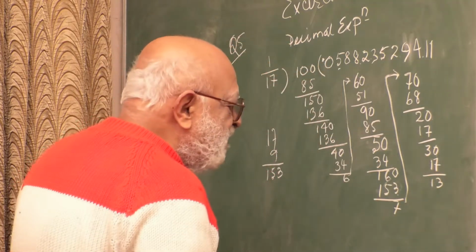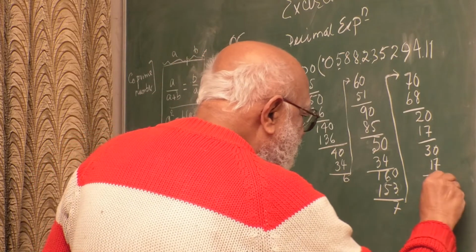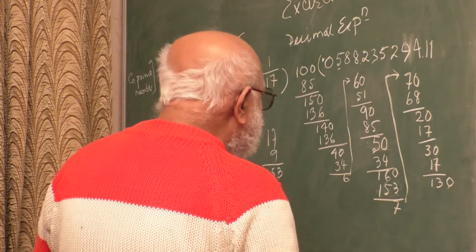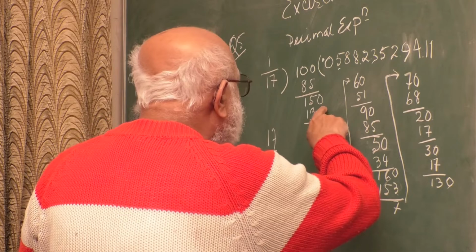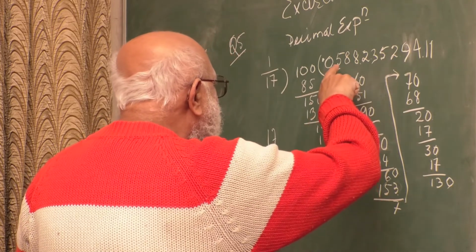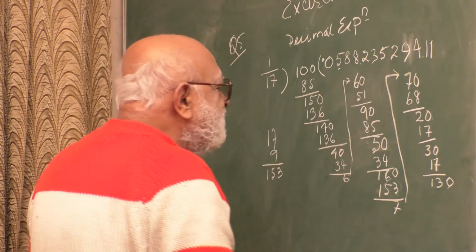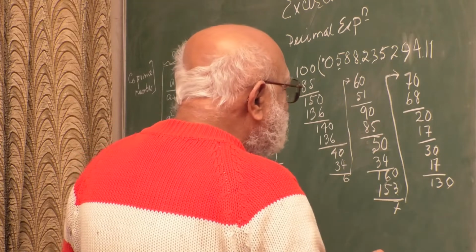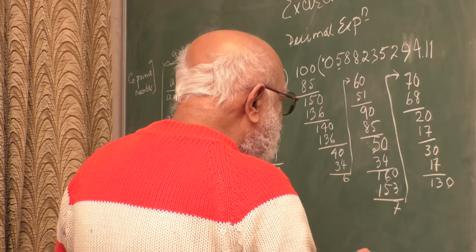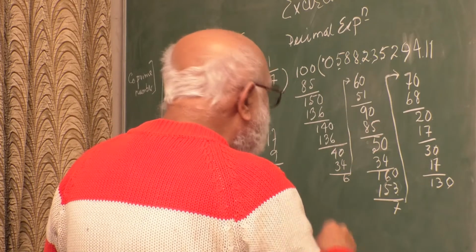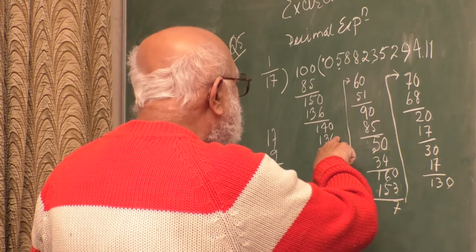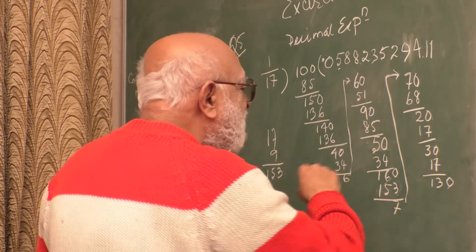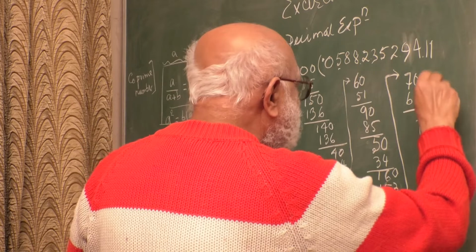Okay, 3 and 1, so 130. So 130, which one will go? This 136 is for the 5. So this must be again 4. So what is, no, it will not be 4, 136 is more. So double 8, so I think it should be another 7.